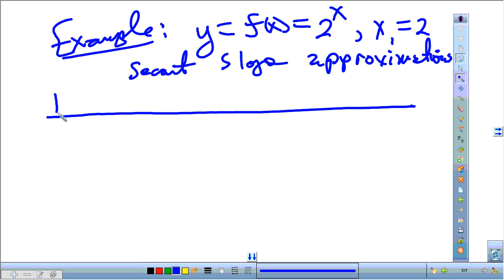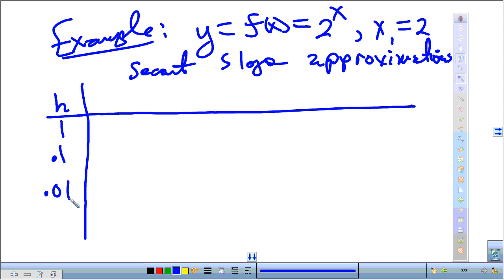So that's just a matter of what is the change in x. What size of movement are we going to take? And that's the h. So let's look at a rather large h, maybe 1, something a little smaller, maybe 0.1, and then smaller yet, maybe 1/100th. As an example, we could do more, but we'll take those.